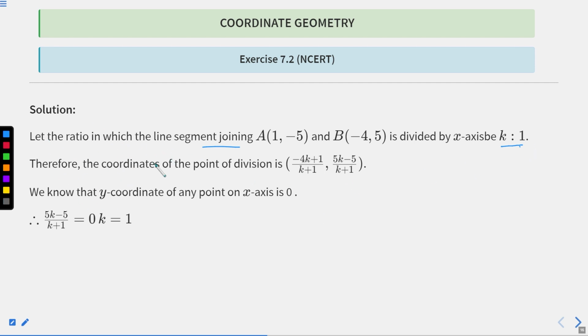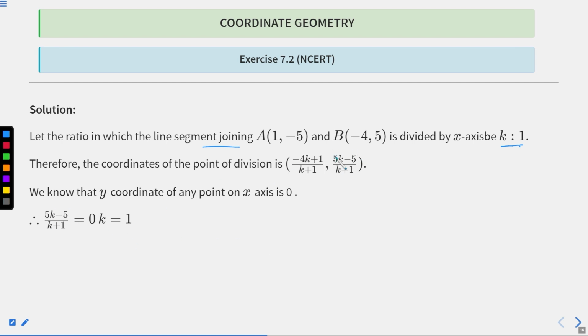Therefore the coordinates of the point of division are ((-4k plus 1) divided by (k plus 1), (5k minus 5) divided by (k plus 1)). We know the y coordinate of any point on the x-axis is 0.